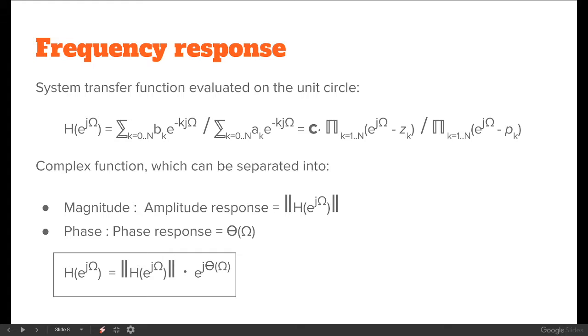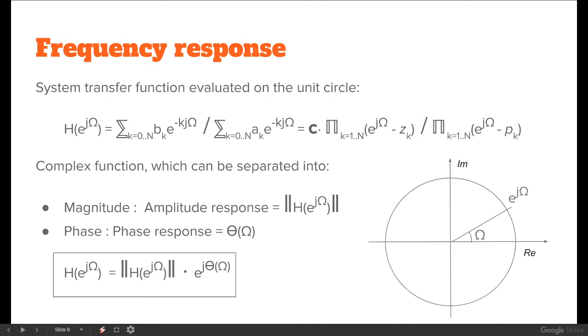Okay. Phase response. Well, yeah, I will come back to the phase response later.